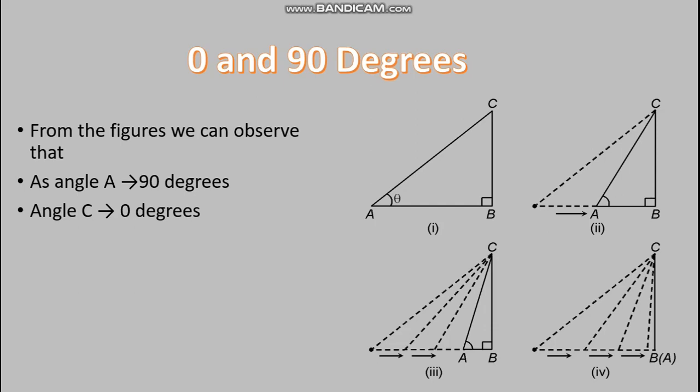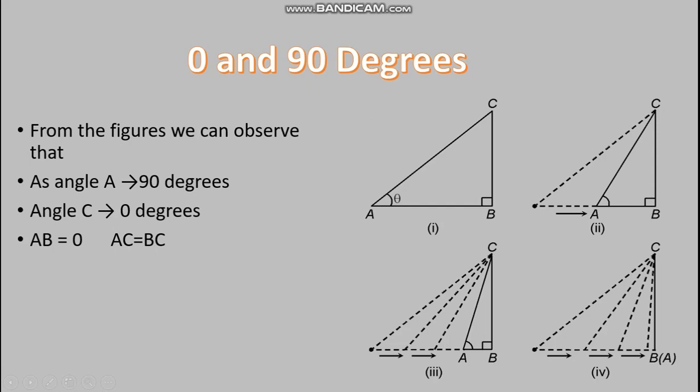And the second observation: as angle A is increasing, the side AB is decreasing. It is tending towards 0. Not only that, we can observe one more important point: as angle A increases, angle C decreases, AB decreases, and the side AC is also decreasing, and finally it is tending towards BC.